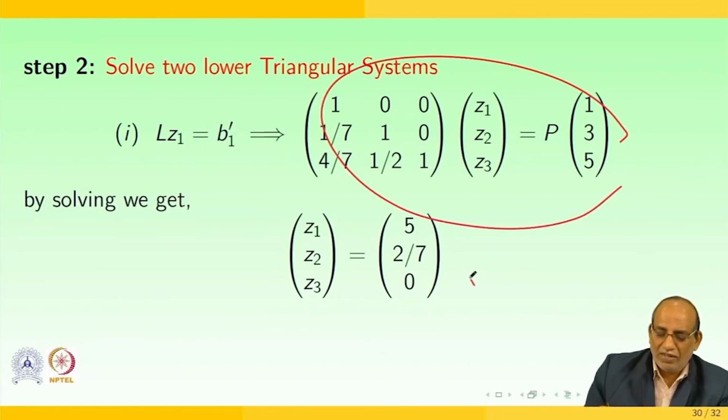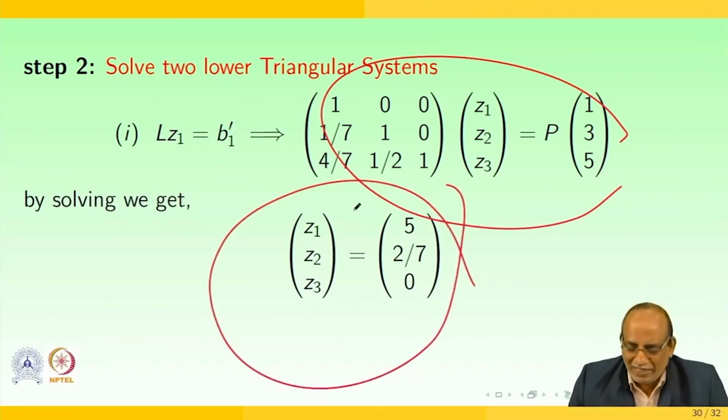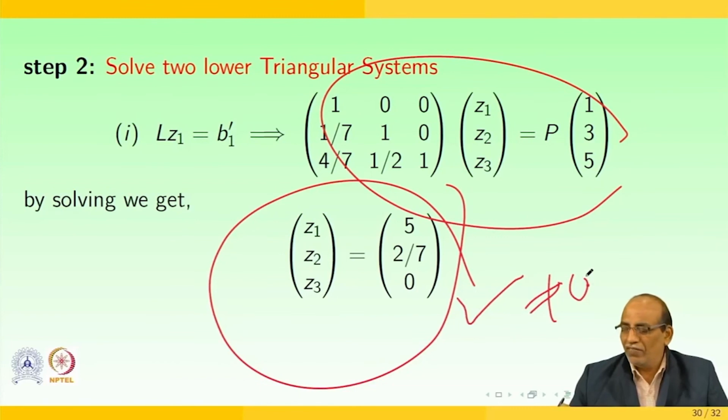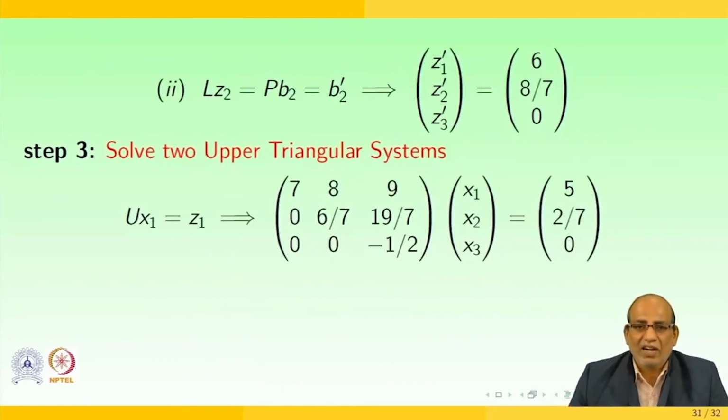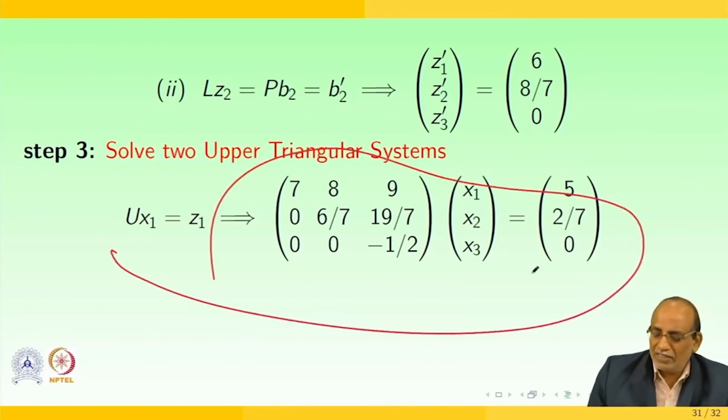So I should be able to apply the algorithm in either case and get these two matrices L and P in such a way that they are free from zeros. When you have multiple right hand side vectors, I am able to get it. Similarly, you get U, like this: 5, 25, 7, and you get a matrix like this.